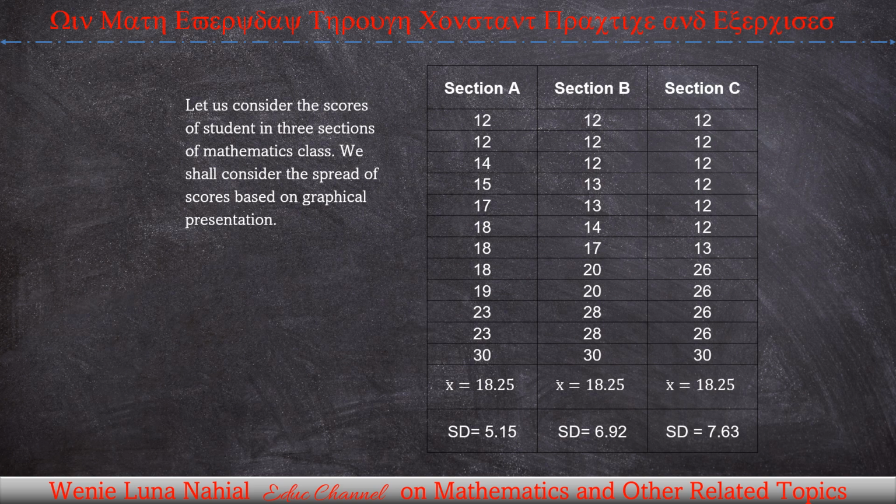The standard deviation of Section B is 6.92. Section C has a standard deviation of 7.63. These are the information we got from the test scores of the students from Section A, Section B, and Section C.